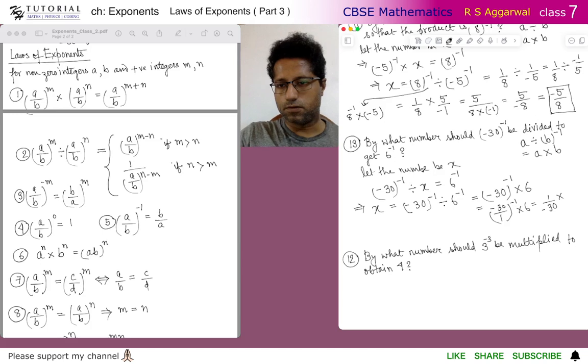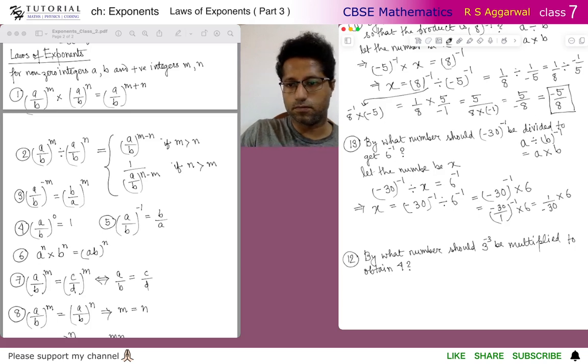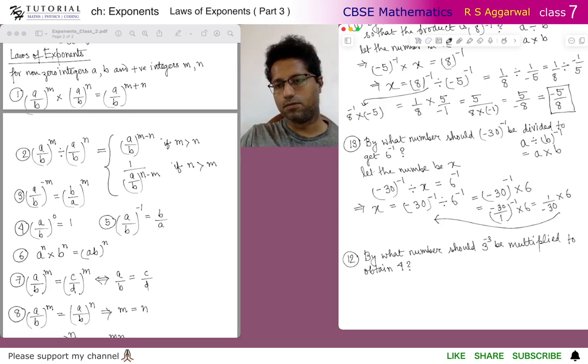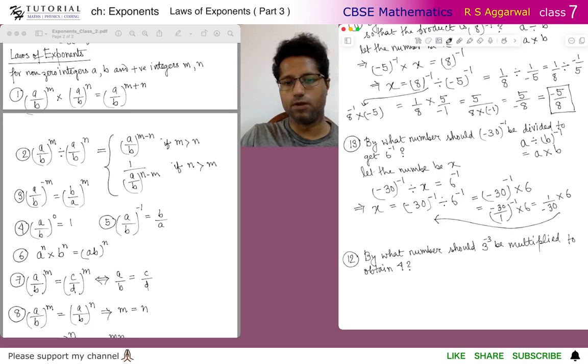Again my pen is working very slow, something wrong with my machine, I don't know, it's giving a lot of trouble. Now we have 1 by minus 30 multiplied by 6. The first rational number is having a negative denominator, we would like to convert it to a positive denominator, so it becomes minus 1 by 30 multiplied by 6. 6 cancels 30 with 5, so the answer is minus 1 by 5.